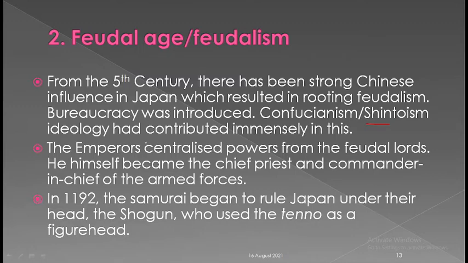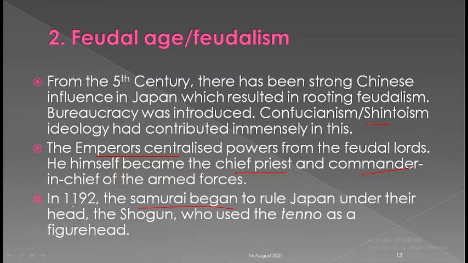Now, during the feudal period, the emperor, Tenno, centralized powers from the feudal lords. He himself became the chief priest and also the commander-in-chief of the armed forces. In around 1192, the samurai began to rule Japan under the head, the shogun, who used the Tenno as a figurehead.